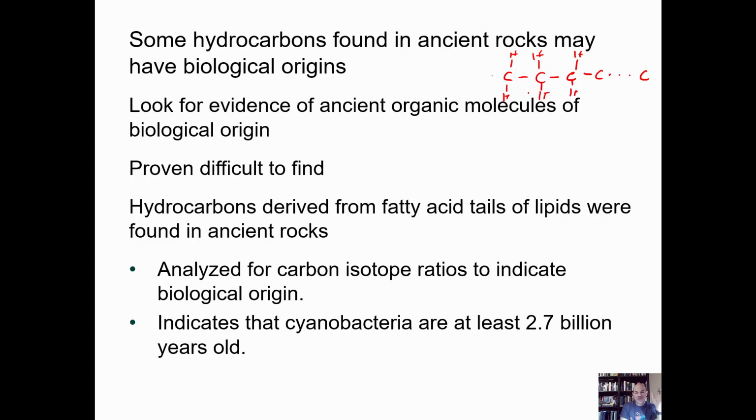So the evidence for this is difficult to find, but they have found hydrocarbons, like those fatty acids we were talking about, and they're consistent with cyanobacteria that dates back 2.7 billion years. And when they analyze these hydrocarbons, they also seem to have those carbon isotope ratios that indicate fixation by living things, that biological carbon fixation, again providing more evidence for ancient life forms.